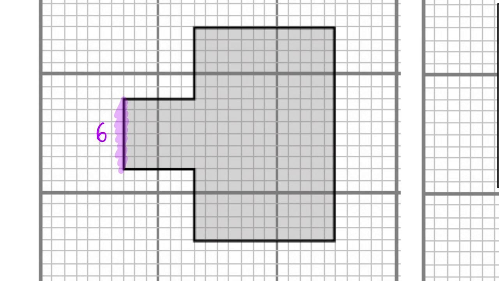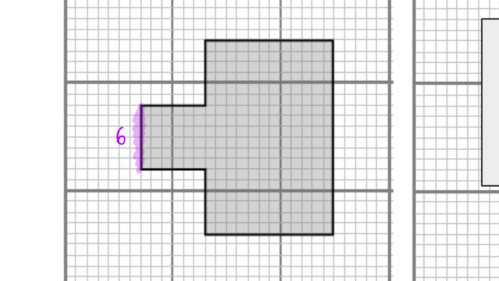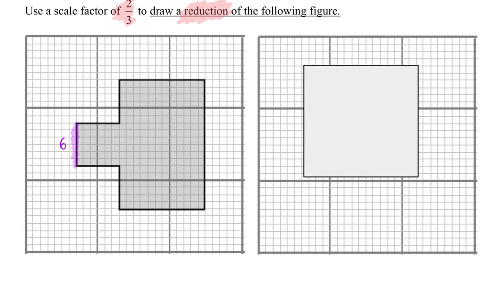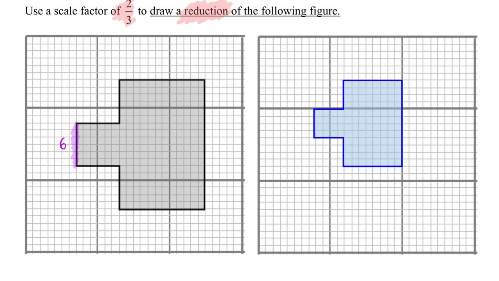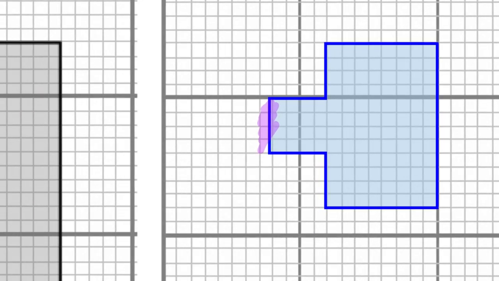So the reduced length, I'm going to share with you the answer now, will be the corresponding length here, which I'm going to zoom in on. It's actually the original multiplied by the scale factor.